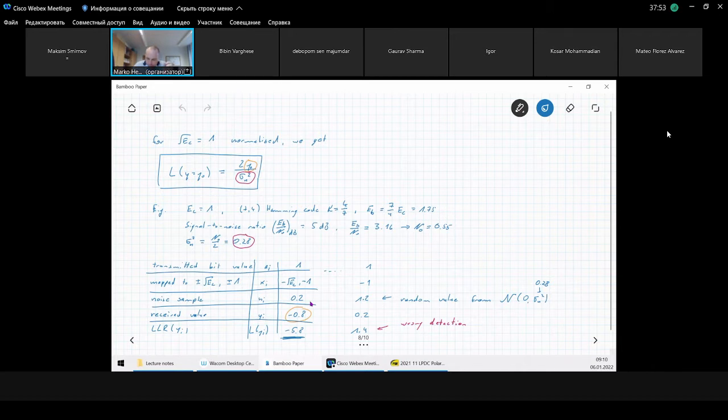But then these log likelihood ratios become a bit more difficult. So to make our calculations convenient, we have gone for +1 and -1. So we consider the most simple modulation scheme, like a binary bipolar modulation.